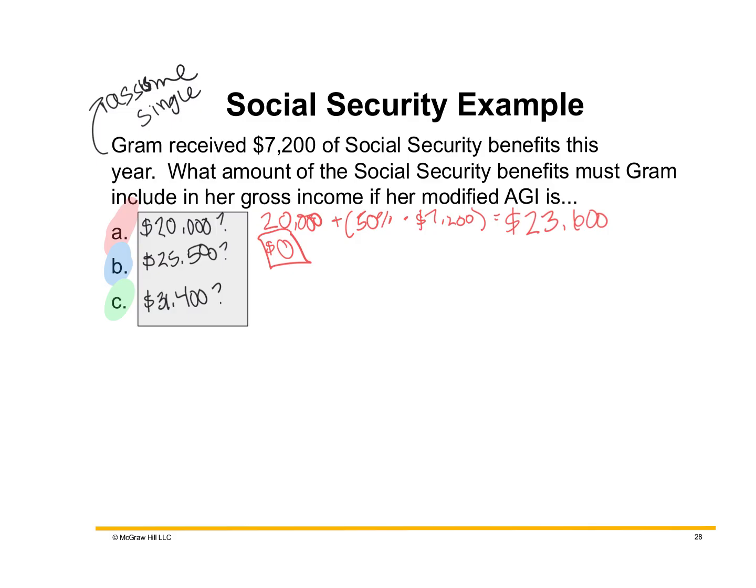Let's look at option B. So now I'll switch to blue. We have our modified AGI of 25,500 plus 50% of our Social Security benefits. So 50% times 7,200, and from the previous problem, we calculated this as 3,600. I did not write that number right.